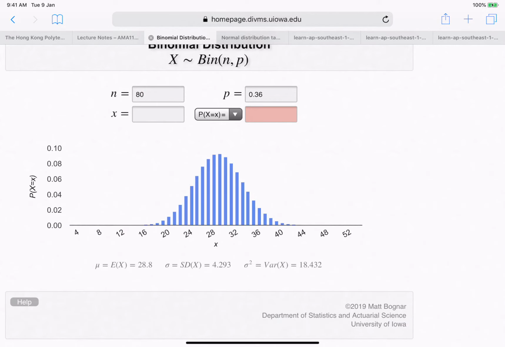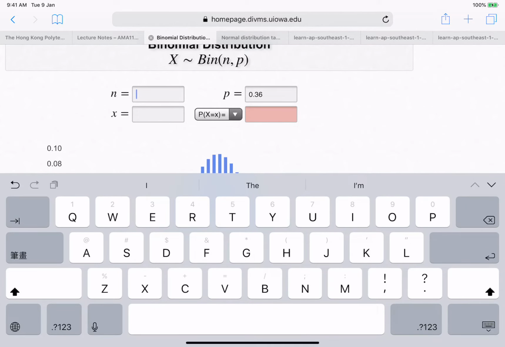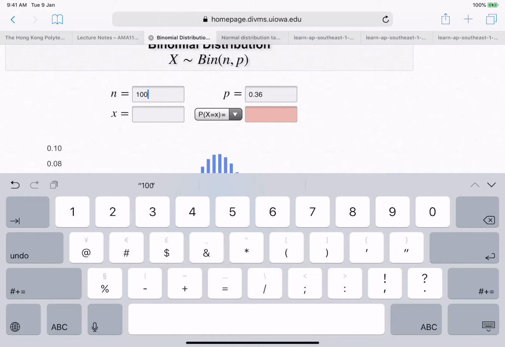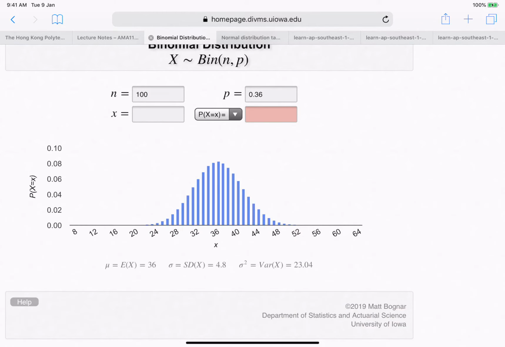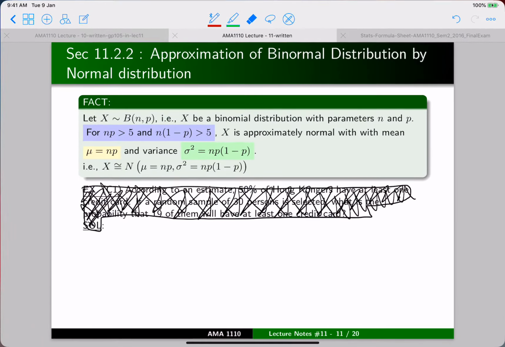But what do you notice? As you increase the number of trials, the binomial distribution looks more like the normal distribution. In fact, as the number of trials increases, you can approximate the binomial distribution with the normal distribution.